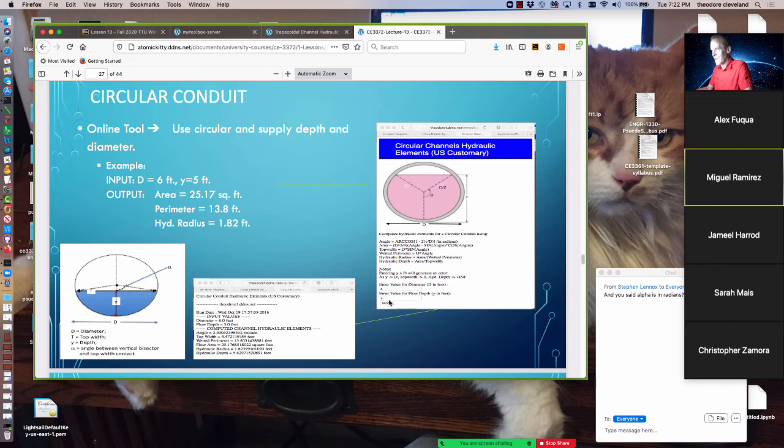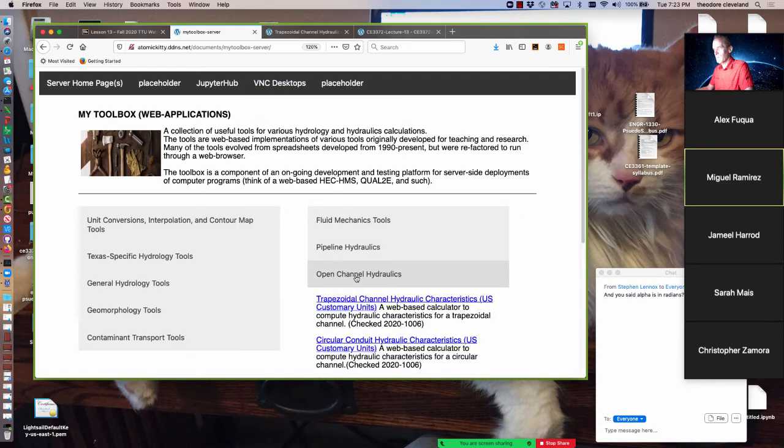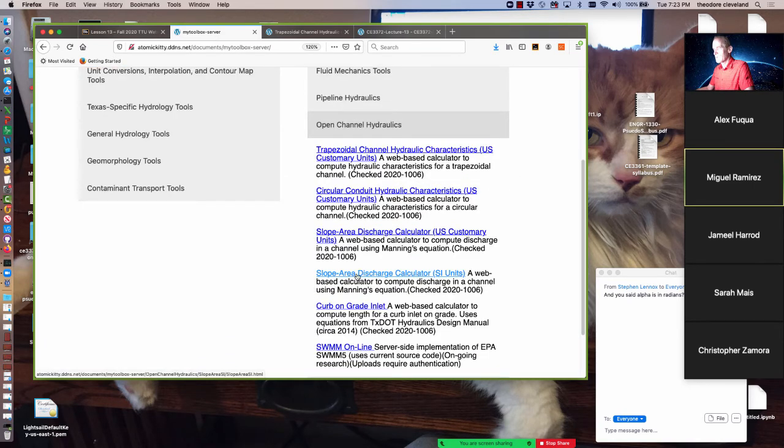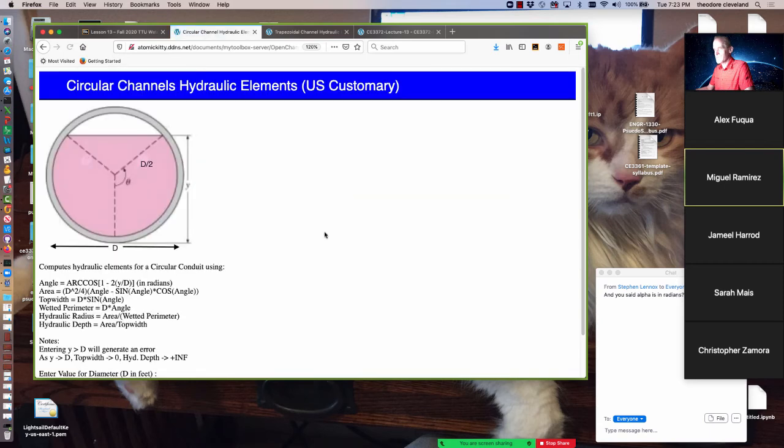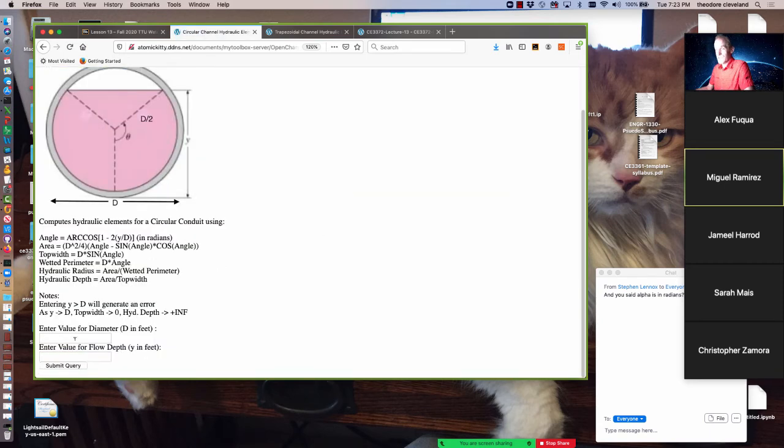We're going to take a case where the diameter of the pipe is 6 feet, and we'll assume we have 5 feet deep of flow in it. So we go to open channel hydraulics, circular conduit, U.S. customary units. Actually, this doesn't matter what the units are. I suppose you could do meters and meters.